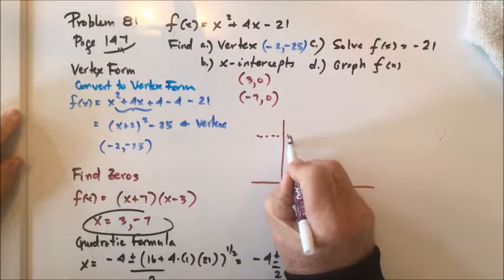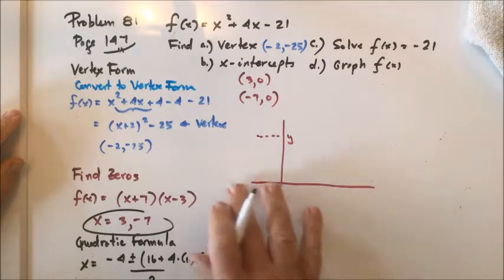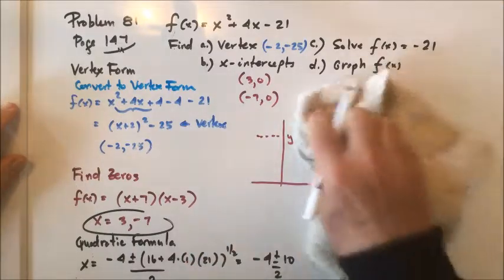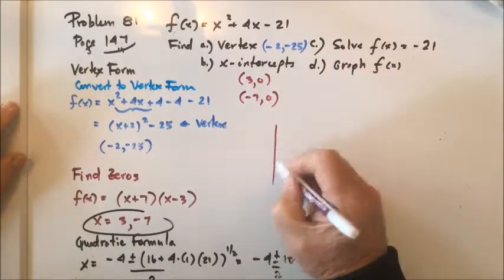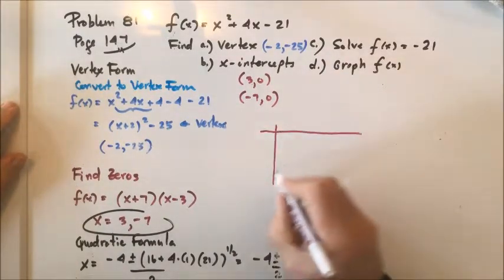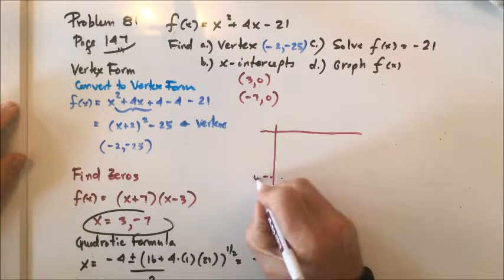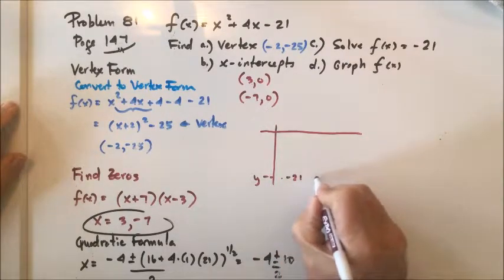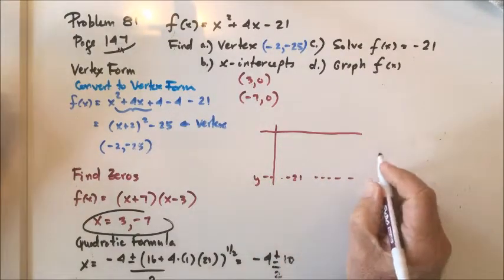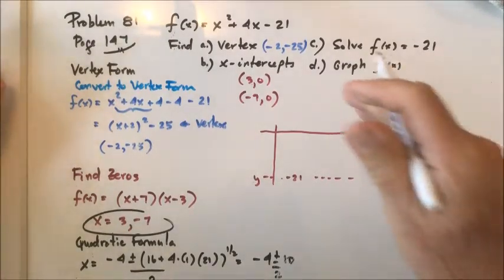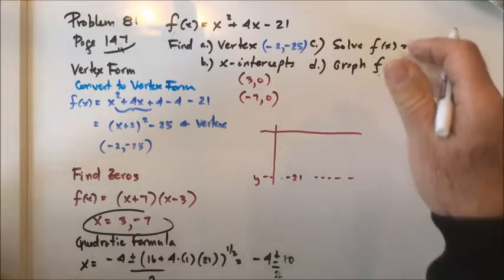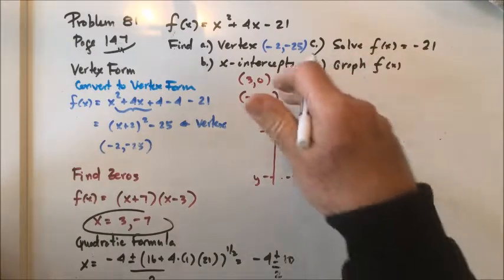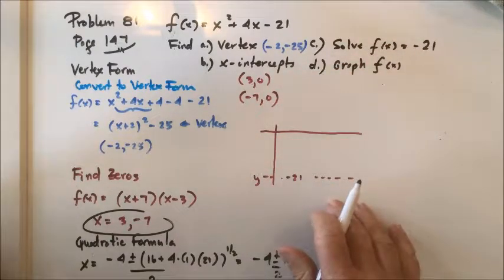So part C of this problem says do the following. Let's let y be equal to minus 21. Let's find the value or values of x at which the graph crosses y equals minus 21.